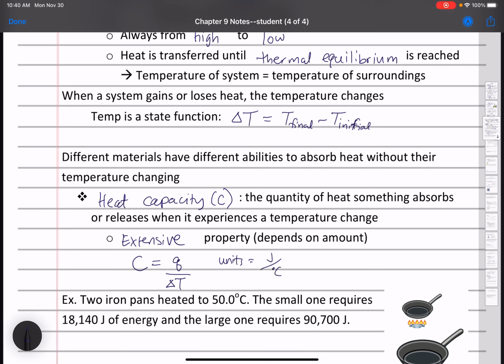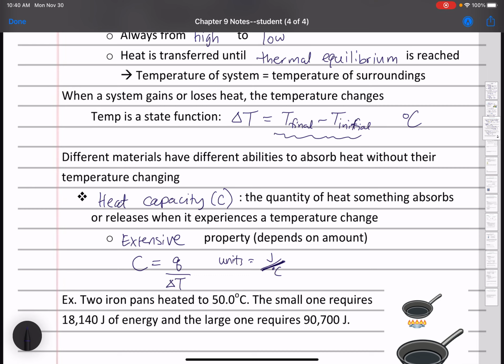In thermodynamics, Celsius is the temperature unit of choice, as opposed to gas laws where Kelvin was the unit of choice. So Q, of course, is heat in joules, and change in temperature is the final temperature minus the initial temperature in degrees Celsius.